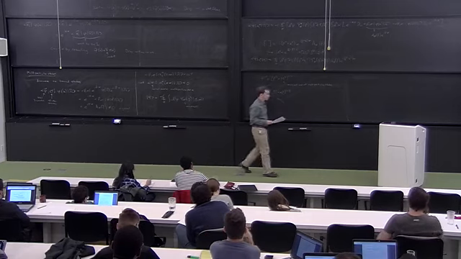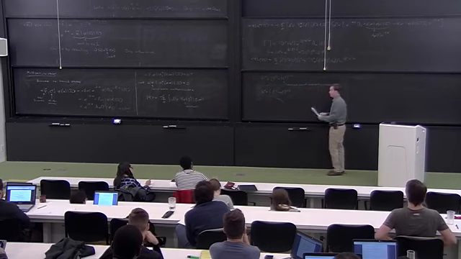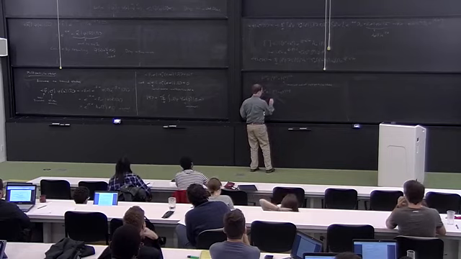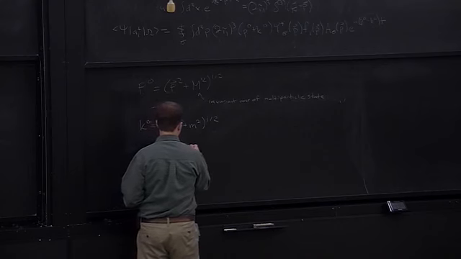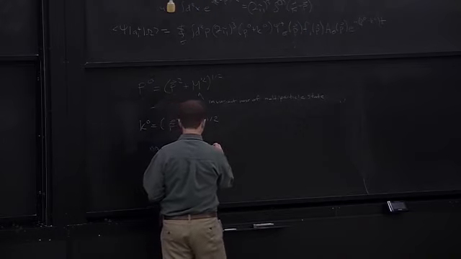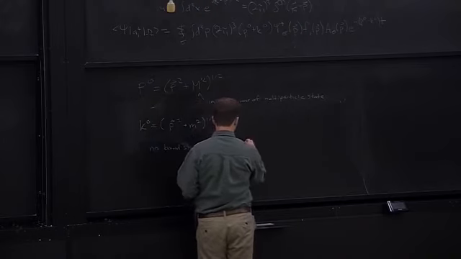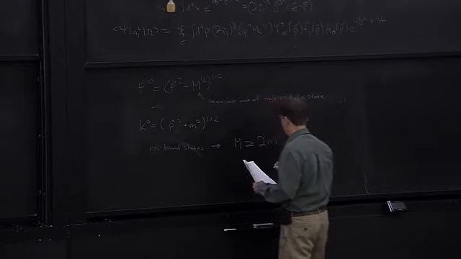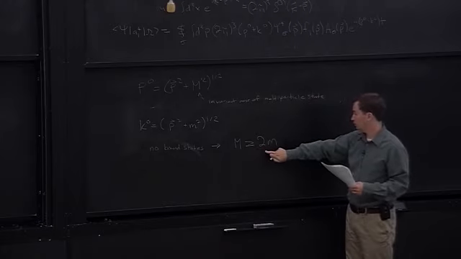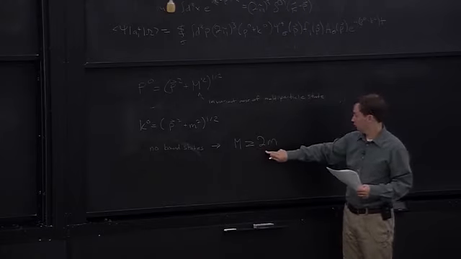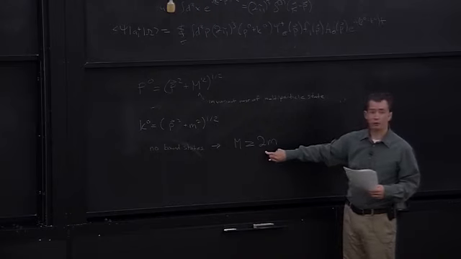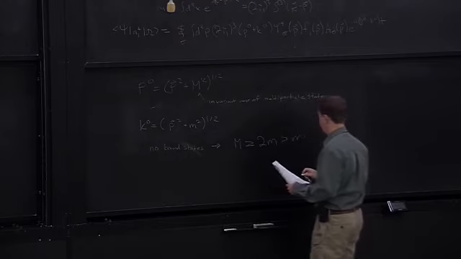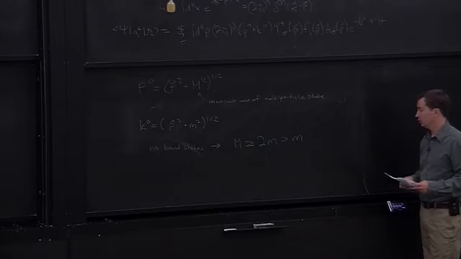So the fact that there are no bound states means that m, the invariant mass of the multi-particle state, has to be at least as big as the lowest possible invariant mass of the two-particle state, which is greater than the mass of our one-particle state.